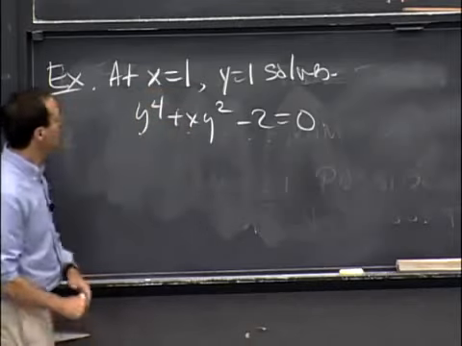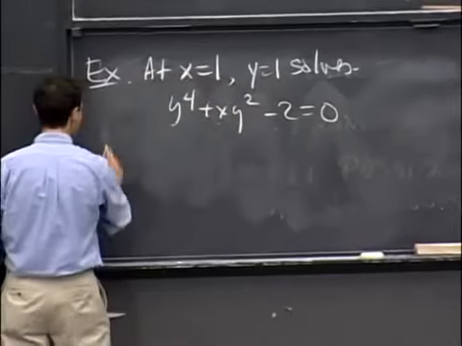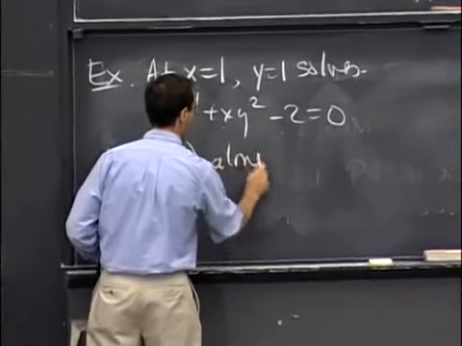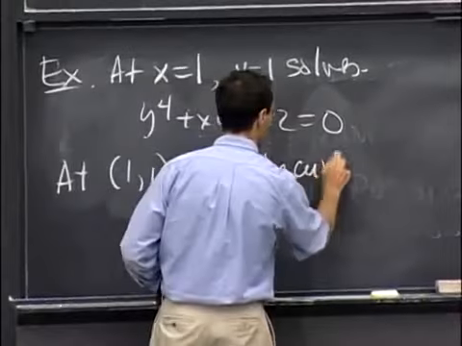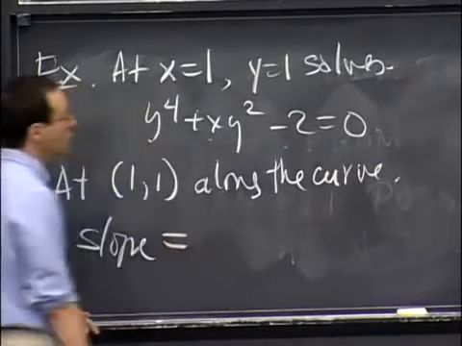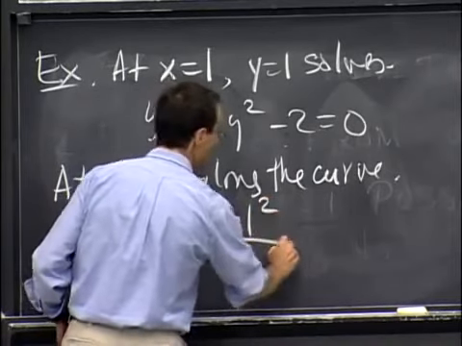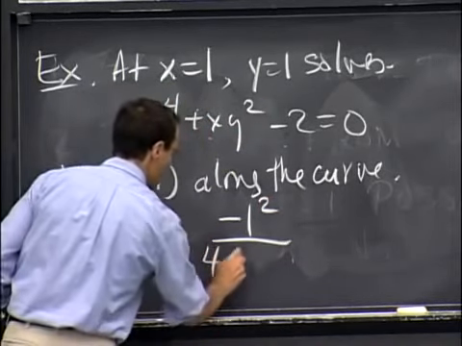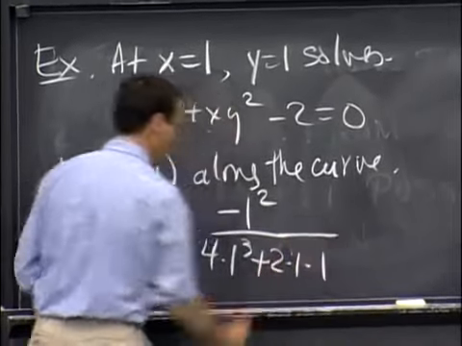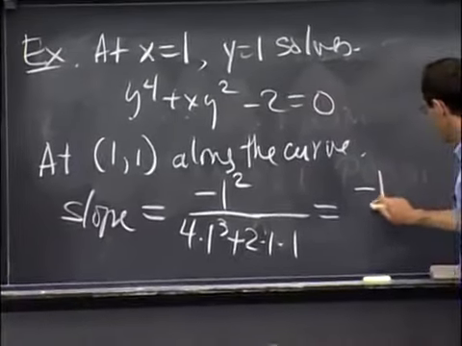So I did that. And so we now know that when x equals 1, y equals 1, so at 1, 1 along the curve, the slope is equal to what? Well, I have to plug in here minus 1 squared divided by 4 times 1 cubed plus 2 times 1 times 1. That's just plugging in that formula over there, which turns out to be minus 1/6.